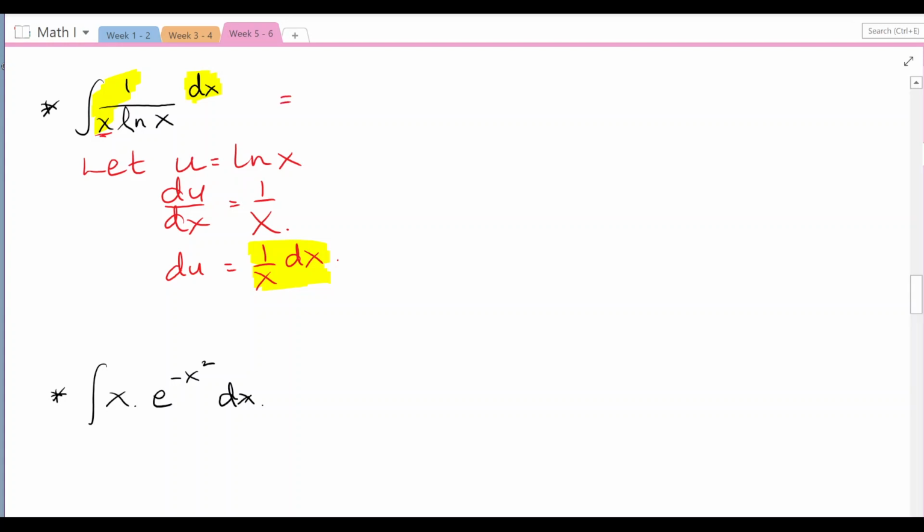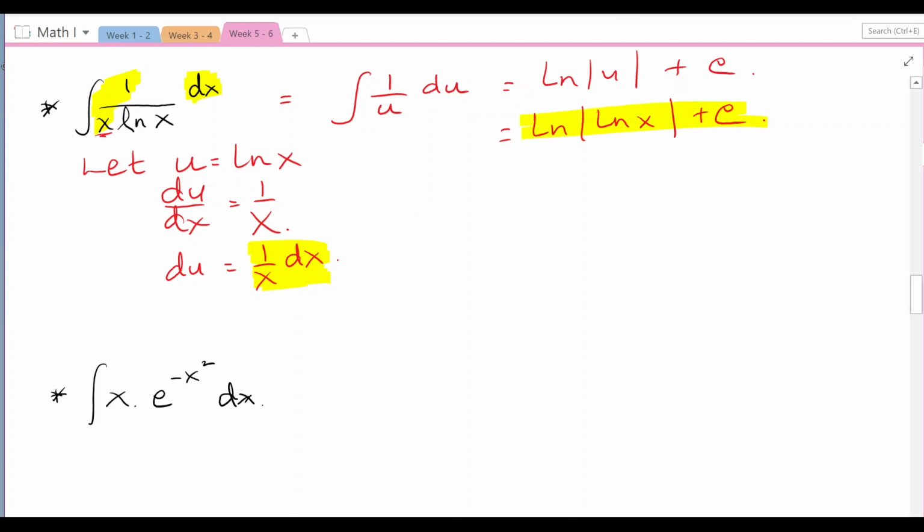So we can change the equation to become the integral of 1 over u du, because u equals ln x. The integral of 1 over u du is simply ln u plus c, and we already know u equals ln x, so this equals ln x plus c as the answer for our problem.